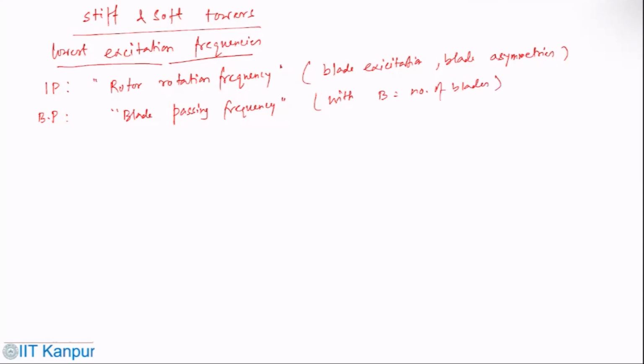Then we have tip speed ratio, which is lambda, that is R omega by U infinity, where radius R and wind speed U infinity.